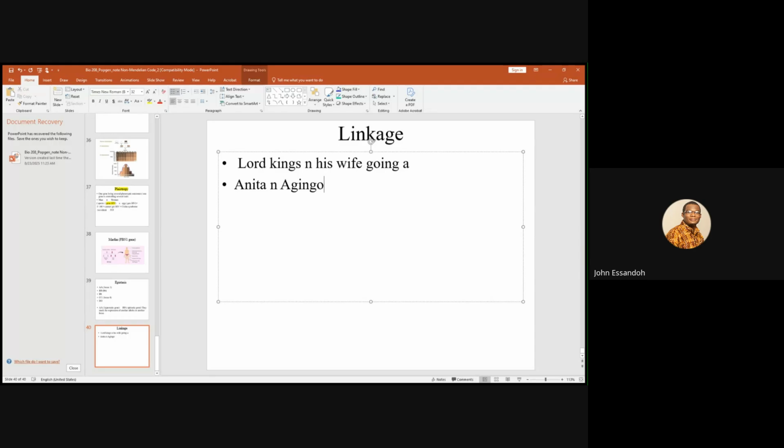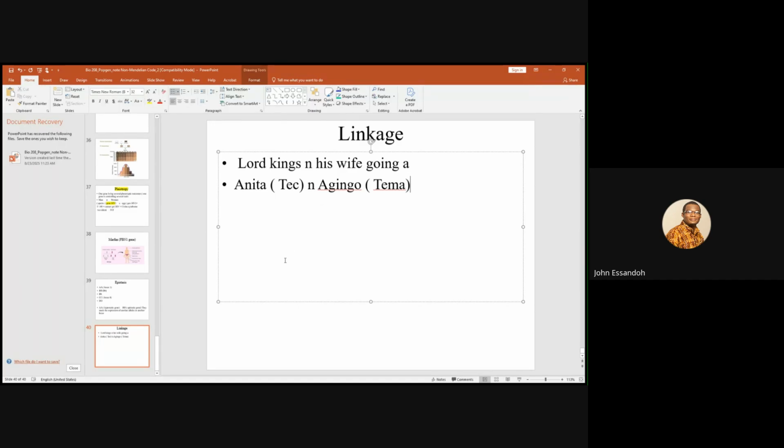The probability of them coming together is very slim, because Anita stays very far, in Techiman, and Ajingo is at Tema. They are far apart.